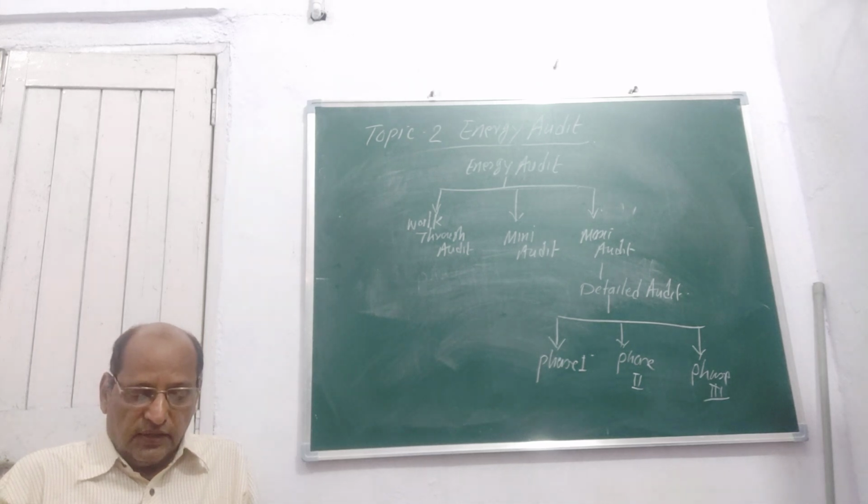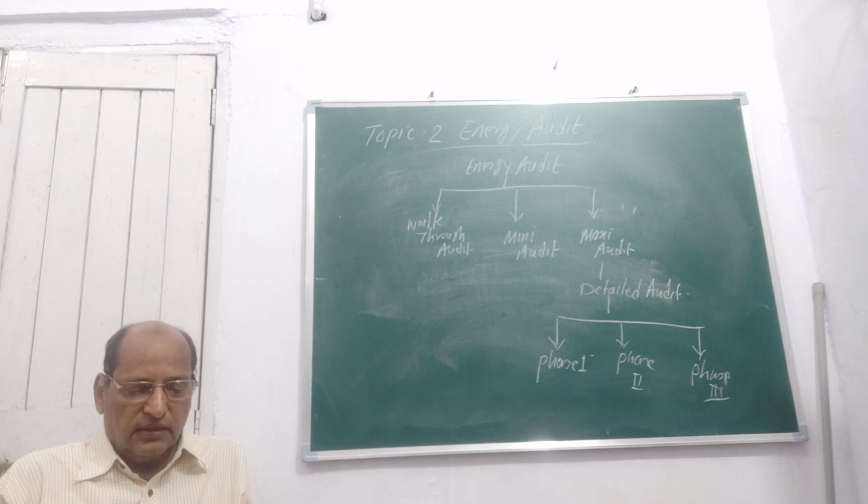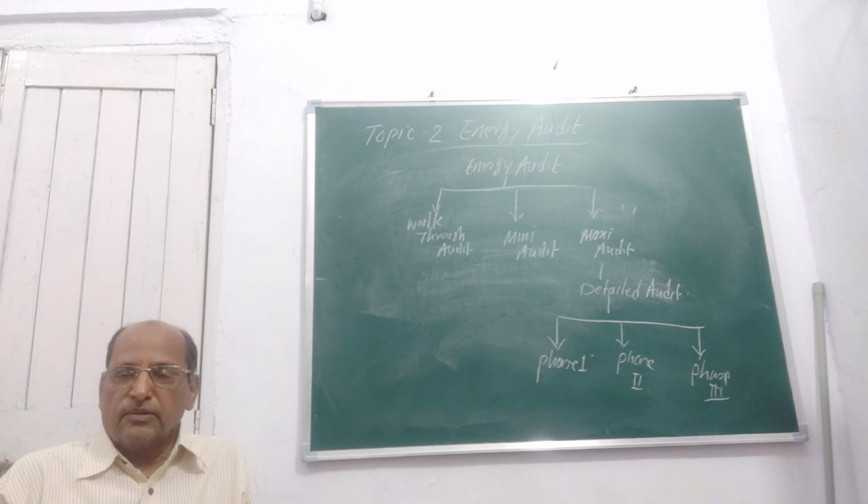Now when we go for a detailed audit, the detailed audit is the total examination of an organization or part of it. It includes checks on the difference and the effectiveness of the existing system, and then provides the detailed energy project implementation plan.